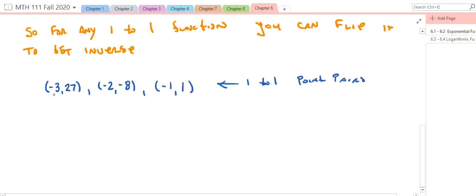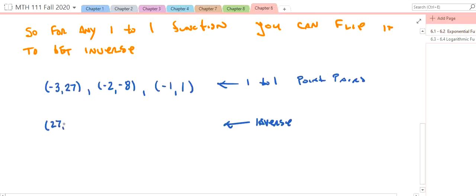Okay? And they're one-to-one because one x value gives one y value, and the y value is different than any other y value here. And these x values are all different. So it's a function, it's behaving functionally, and it's behaving one-to-one. So I can find the inverse of this by simply flipping the x and y terms.